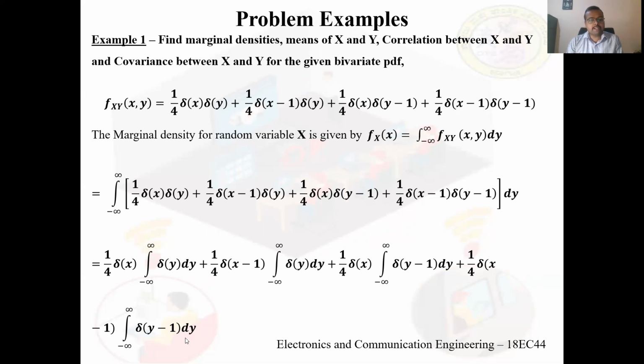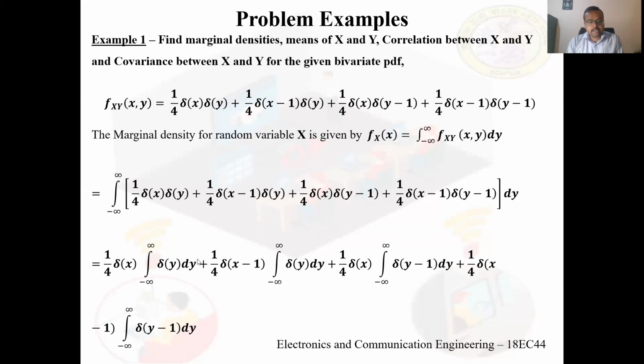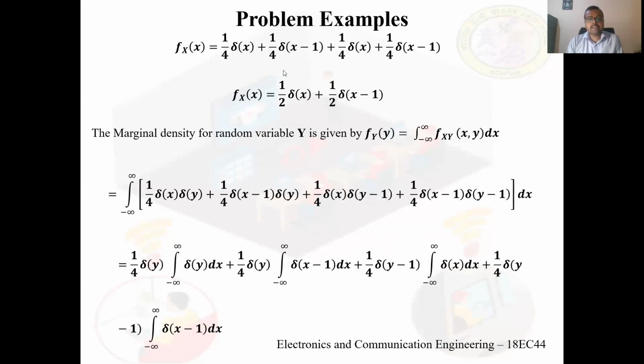Now evaluate the integration with respect to y. What you get is 1/4 δ(x) plus 1/4 δ(x−1) plus 1/4 δ(x) plus 1/4 δ(x−1), since each integration becomes 1. So you get these four terms.